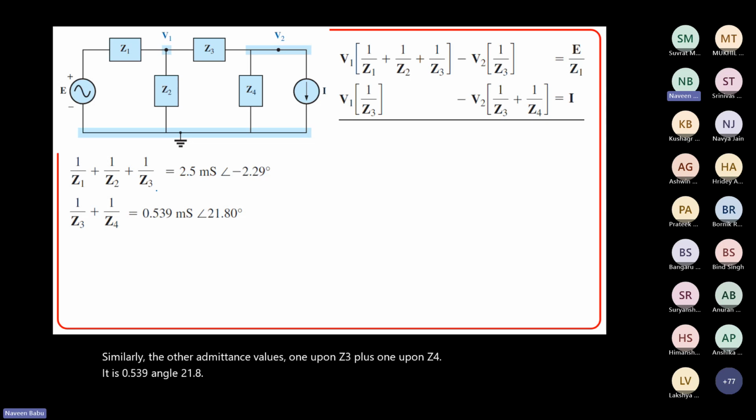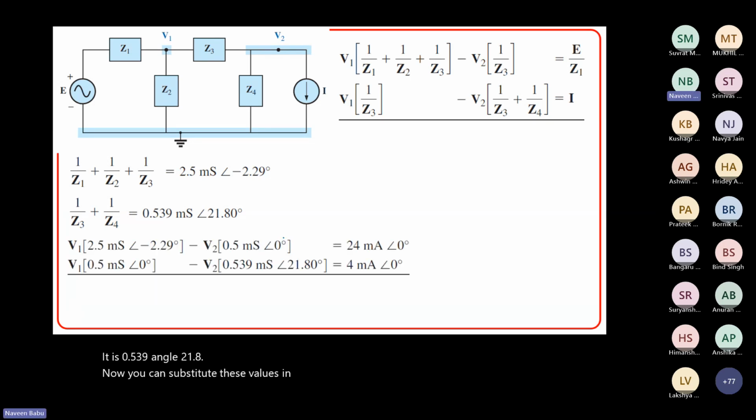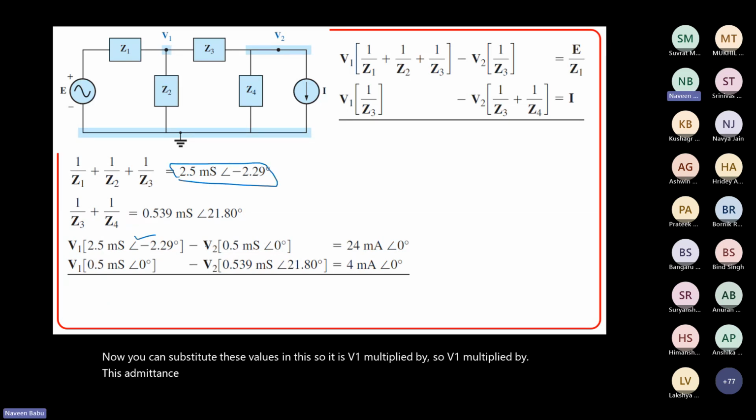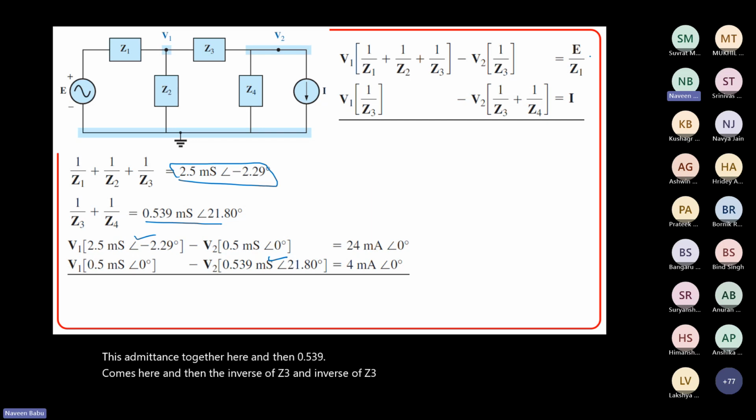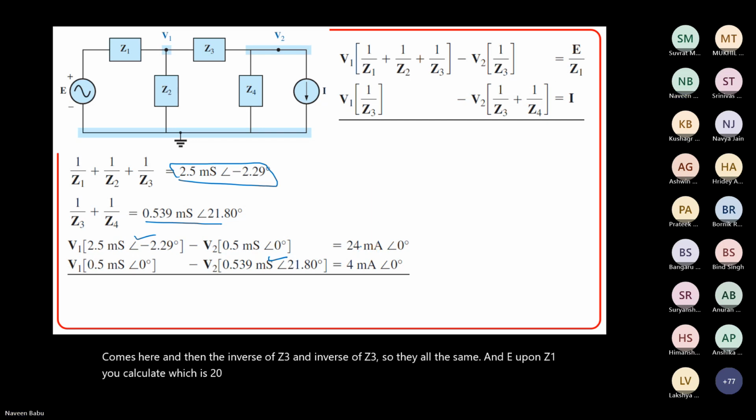Now you can substitute these values in this. It is V1 multiplied by this admittance together here, and then 0.539 comes here, and then the inverse of Z3 and inverse of Z3. They are all the same, and E upon Z1 you calculate, which is 24 milliamperes, and I is nothing but 4 milliamperes, which is given.